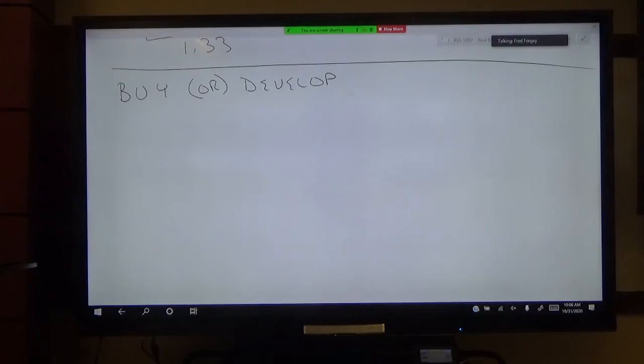A couple of things to put in the back of your mind. Let's say that under the buy category, we could find a building that's $5 million for purchase. That's the price of the building with the land.